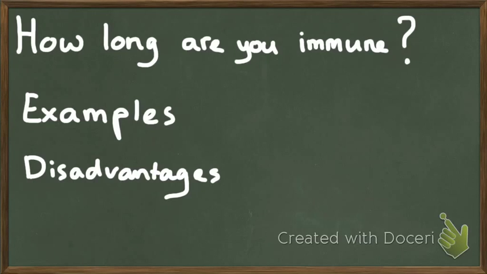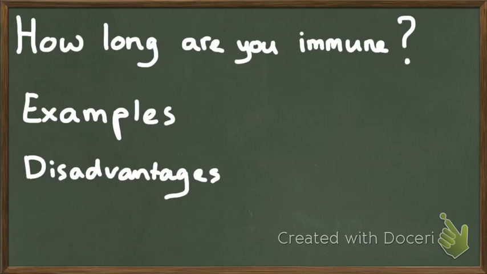Finally, disadvantages, but also the advantages of each type of immunity. Why, even though artificial passive is really short, why would we take this kind of immunity? Why would we want this? Why is it good for baby to get mother's immunity? Imagine the results if baby did not get this immunity and mommy sneezed on the baby.